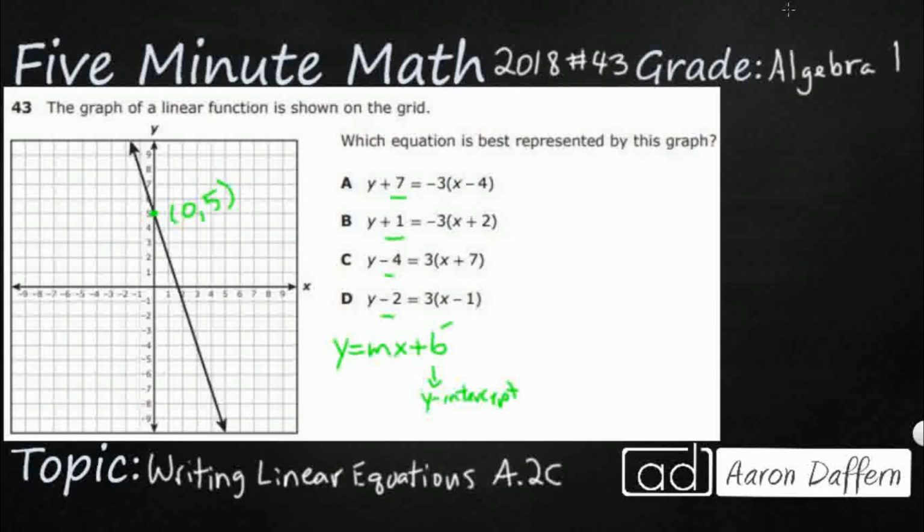Well, it looks like if x is 0, y is 5. That's helpful. Now, I don't necessarily see 5 over here in any of these, but remember, we've got to distribute out whatever they think the slope is. So it looks like I've got a point right here, and this is going to be 1, 2. And it looks like I actually have one up here, right? So -1, 8.